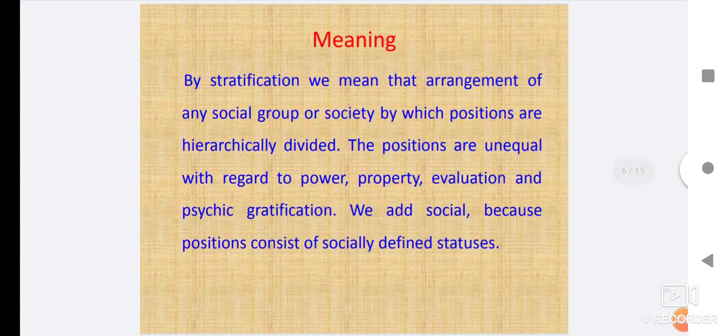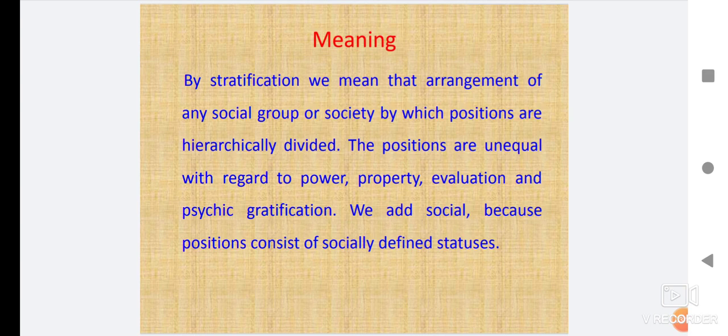Meaning: by stratification we mean that arrangement of any social group or society by which positions are hierarchically divided. The positions are unequal with regard to power, property, evaluation, and psychic gratification.